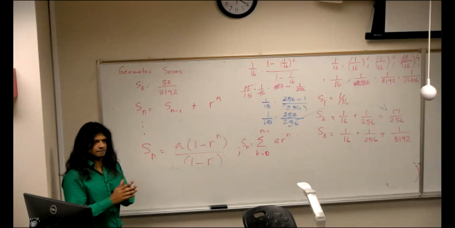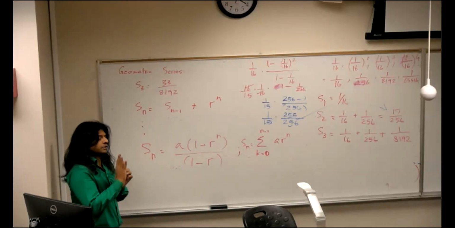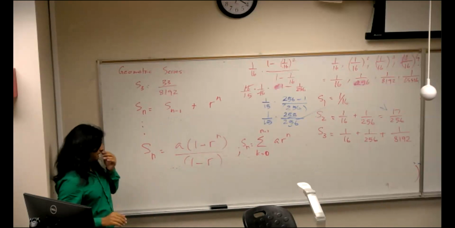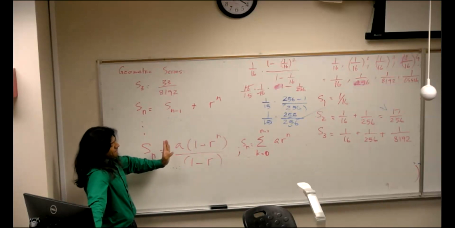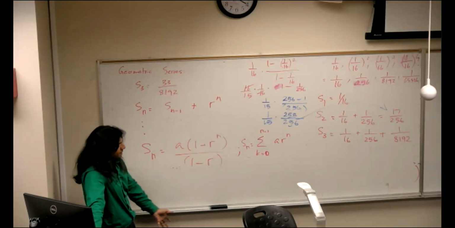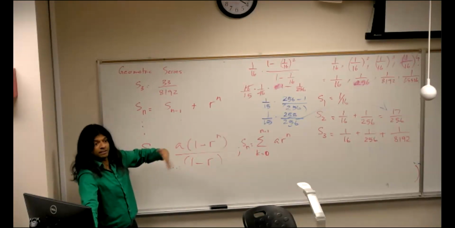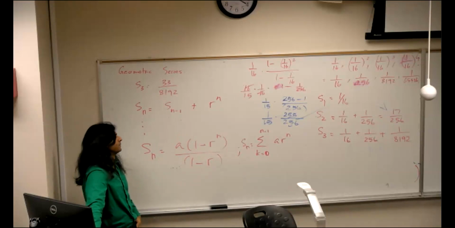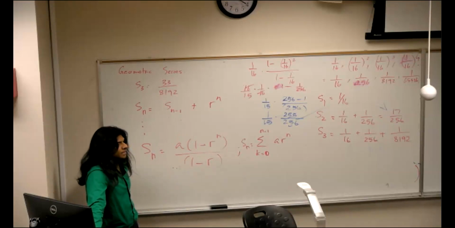Yes? So it only works if it converges. Now you could find a sum, but even before you get to a few terms, the series would start blowing up because you're adding really, really big numbers over and over. So it has to converge. Good. Okay.